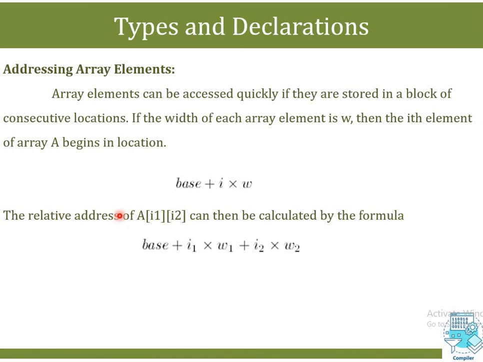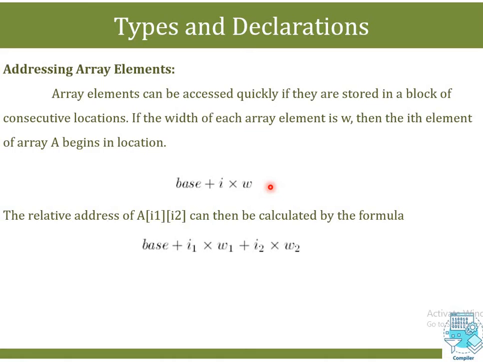Once you know the base address and the size of every element, if it is an integer array, in Java integer takes 4 bytes, right? So if you know the base address and the width of every individual element, then you can find the element at any position.